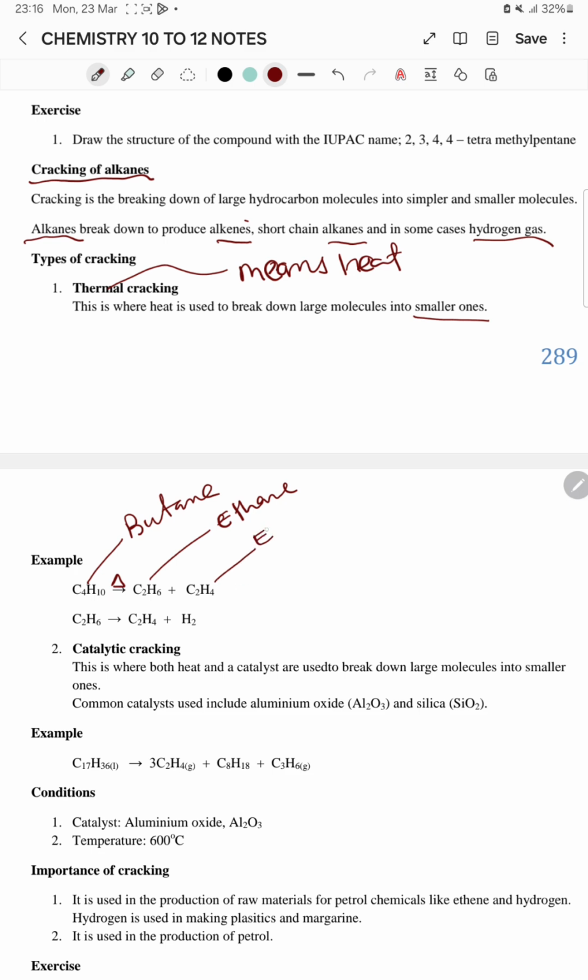And this is going to be ethene. So when you break a large hydrocarbon, you're going to form ethane and ethene. This one is an alkane.